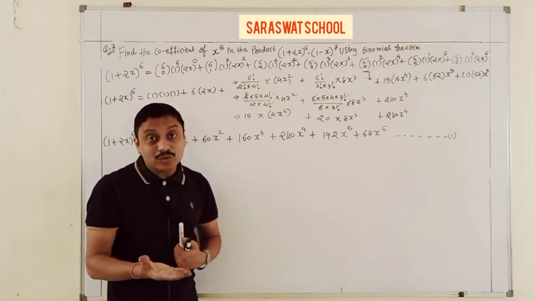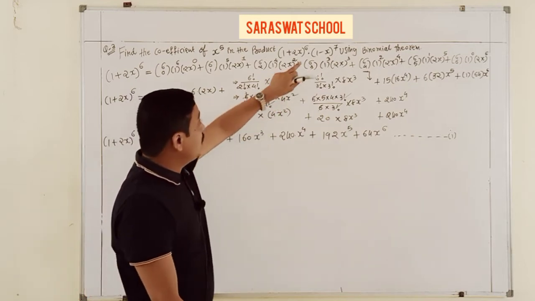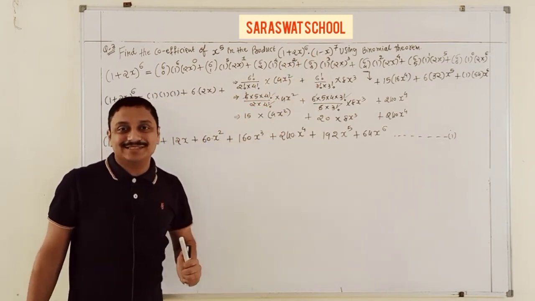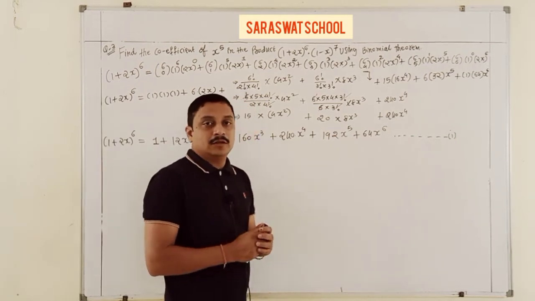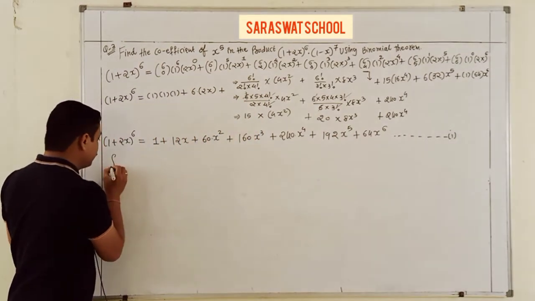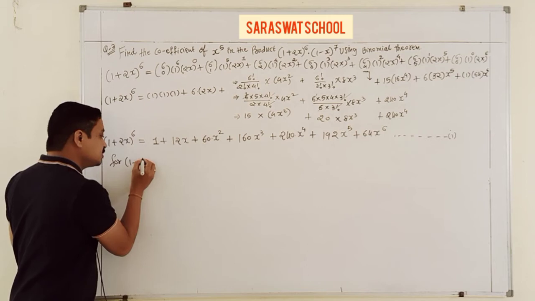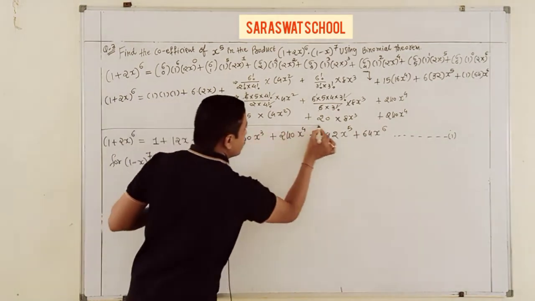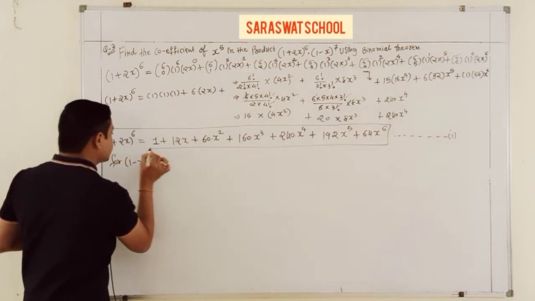Now I go ahead to the second equation. So related to (1 minus x) raised to 7, I start the solution. Now students, we are going for (1 minus x) raised to 7 power. Our equation number first is done.